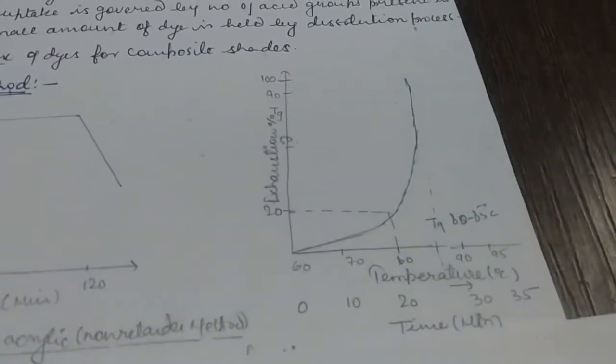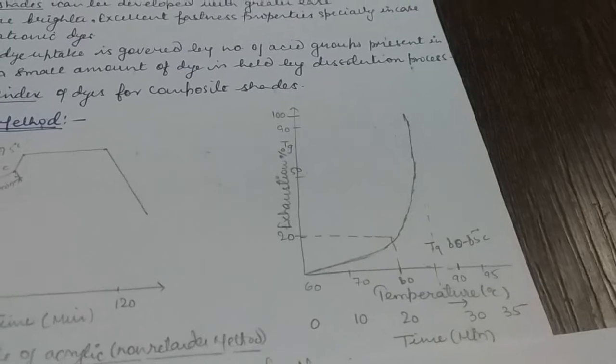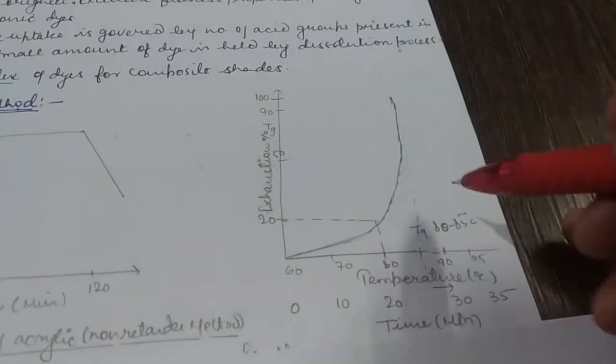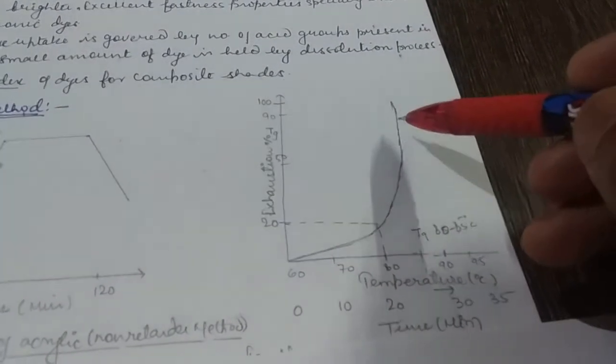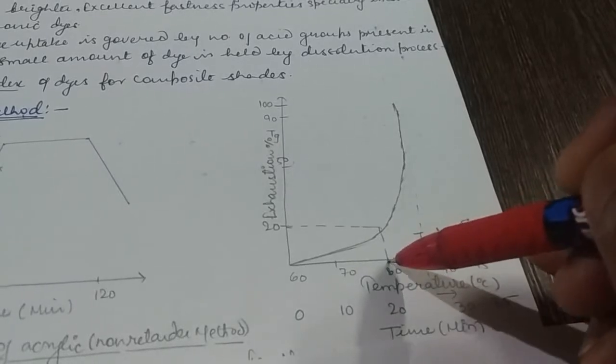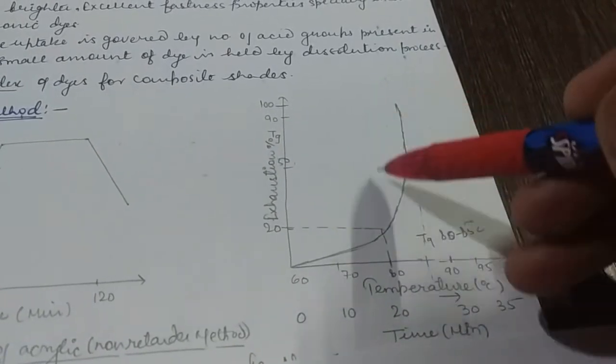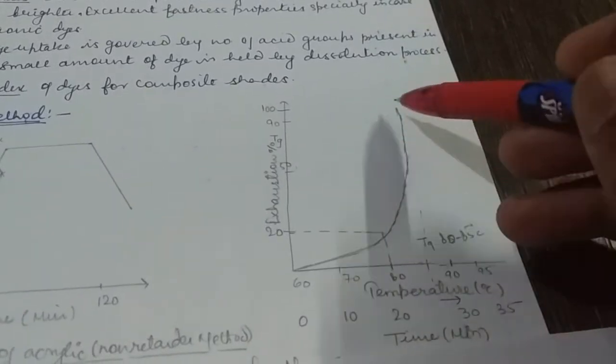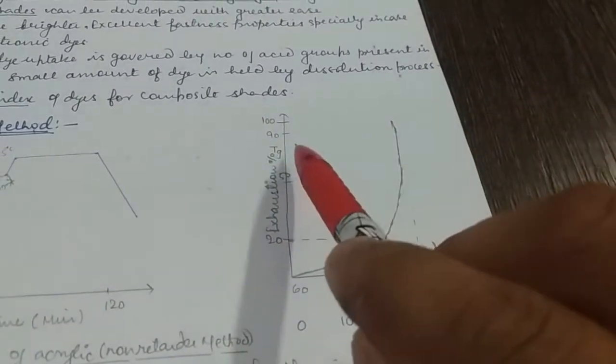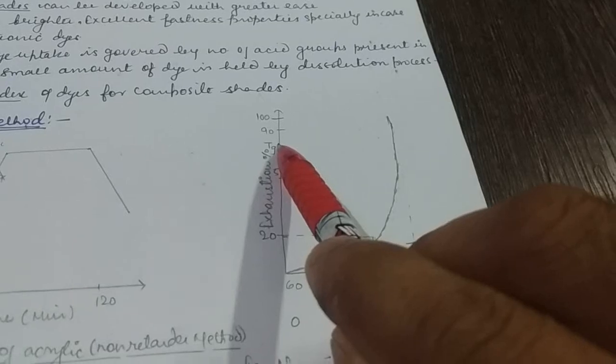Here you see that in the non-retarded method the maximum exhaustion of the dye bath takes place between 80 to 85 degrees centigrade, approximately 80% of the total exhaustion.